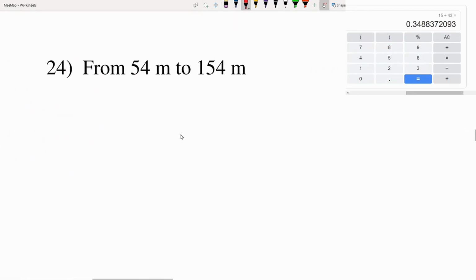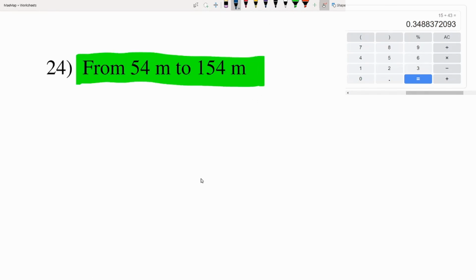Finally on to that last problem, number 24. We're going to go from 54 meters to 154 meters. That is an increase, and that's a change of 100 meters, because 100 plus 54 will give us 154.